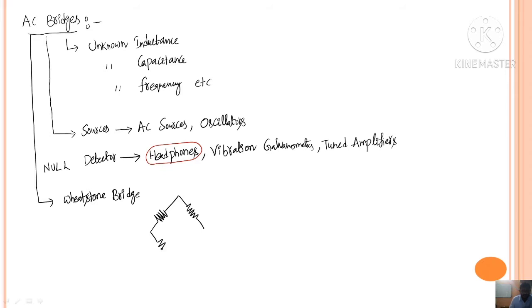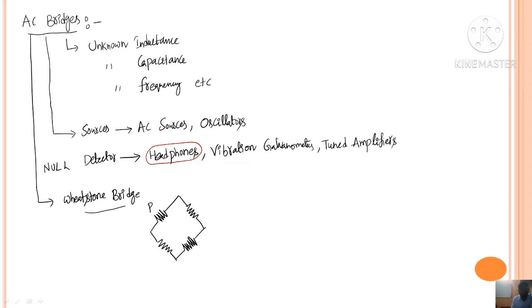The concept of balancing the AC bridges is taken from the Wheatstone bridge, where the balance condition indicates that the product of opposite arm resistances must be equal.